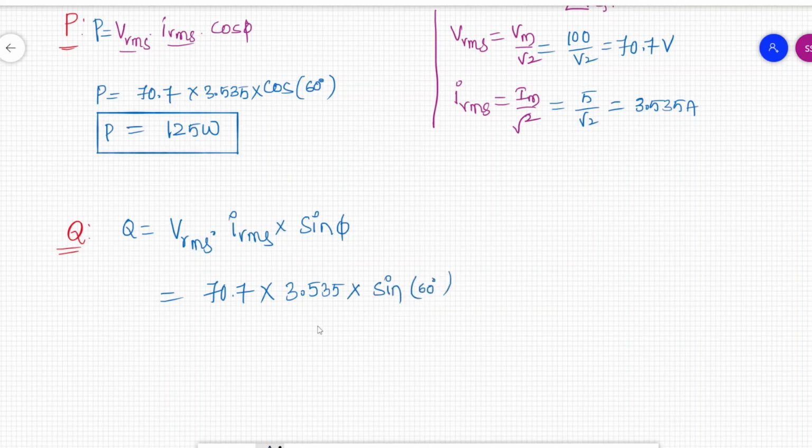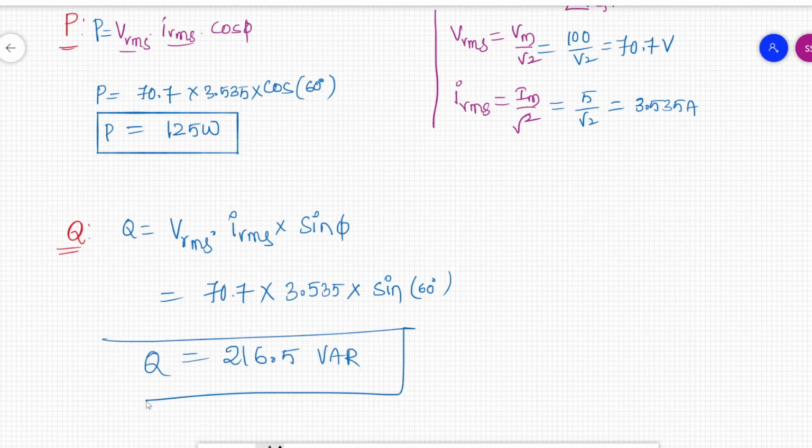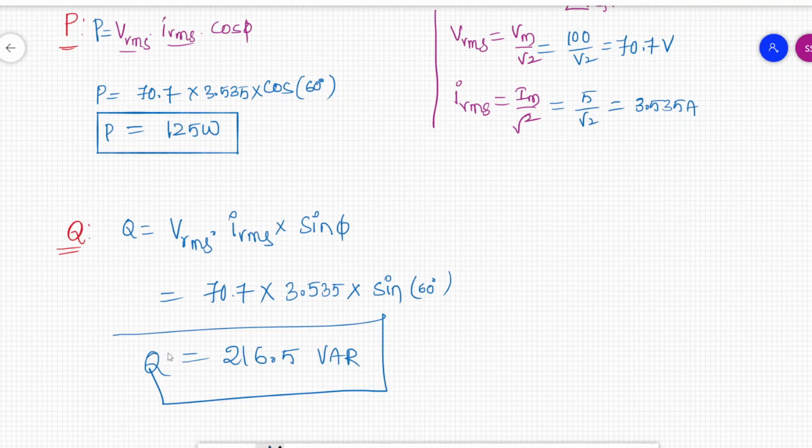By substituting these values, you get the reactive power, which is 216.5. What is the unit for reactive power? That is VAR. So the reactive power for these waveforms is 216.5 VAR.